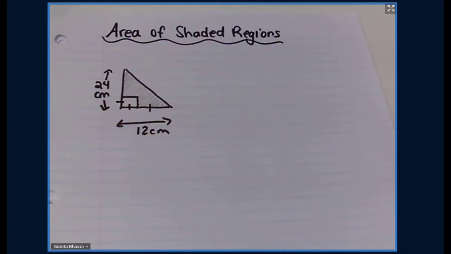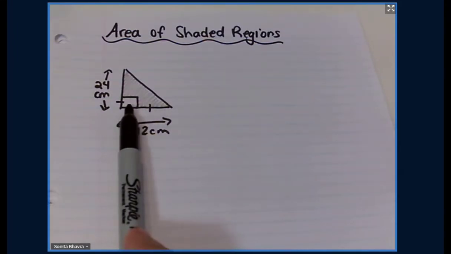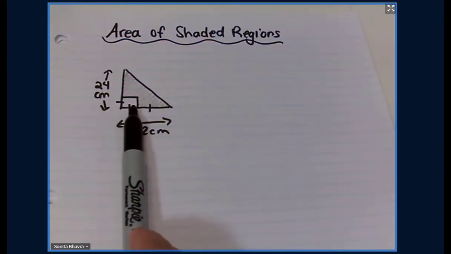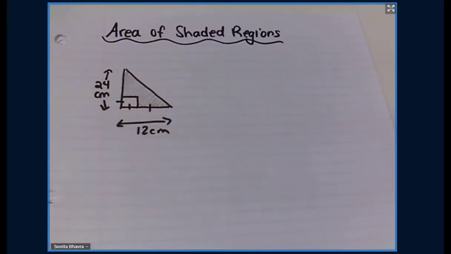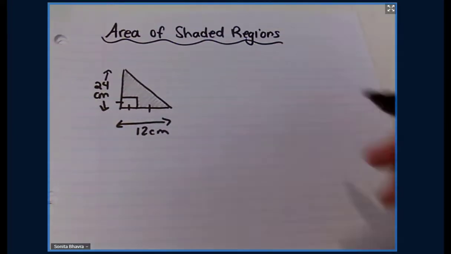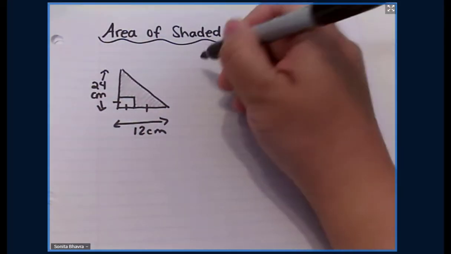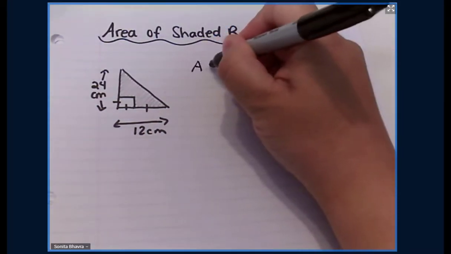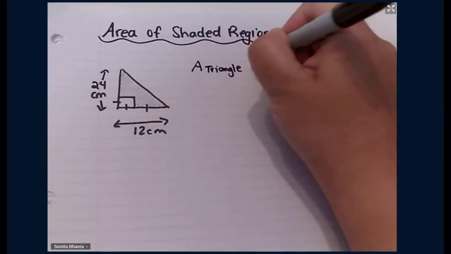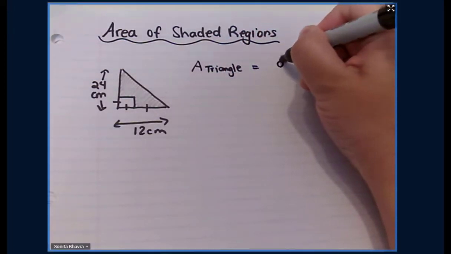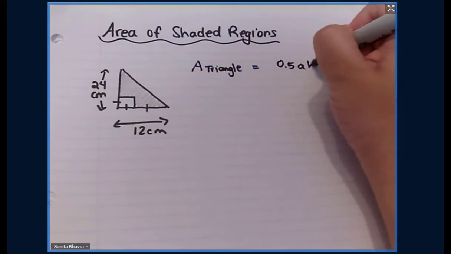So we have a triangle and there's a square inside this triangle that we need to subtract out because we need to calculate the area of just the shaded part. So let's start by calculating the area of the entire figure. It's a triangle, and our formula for the area of a triangle is equal to 0.5 AB.